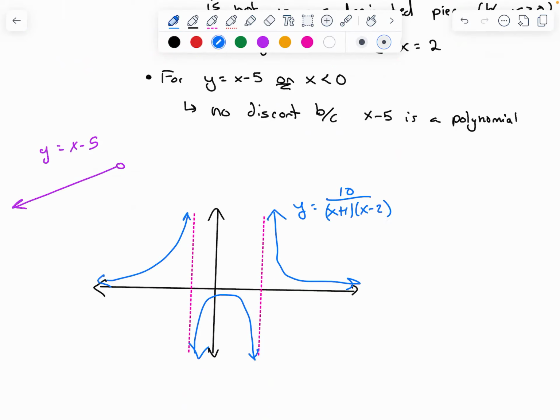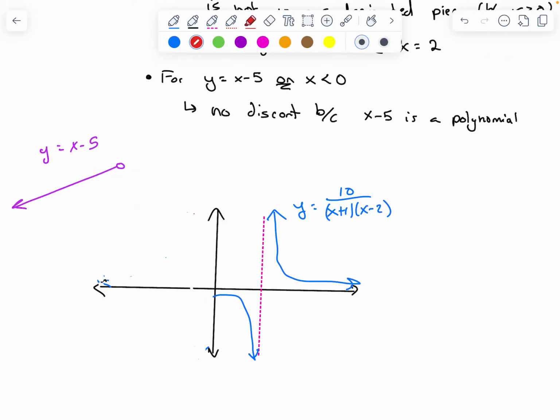Yes, if you're looking at the entirety of this graph, it has a problem at -1 and a problem at 2. However, our piecewise curve is only defined for values greater than or equal to 0. So this piece is gone, and this is gone. And that's all I have from that.